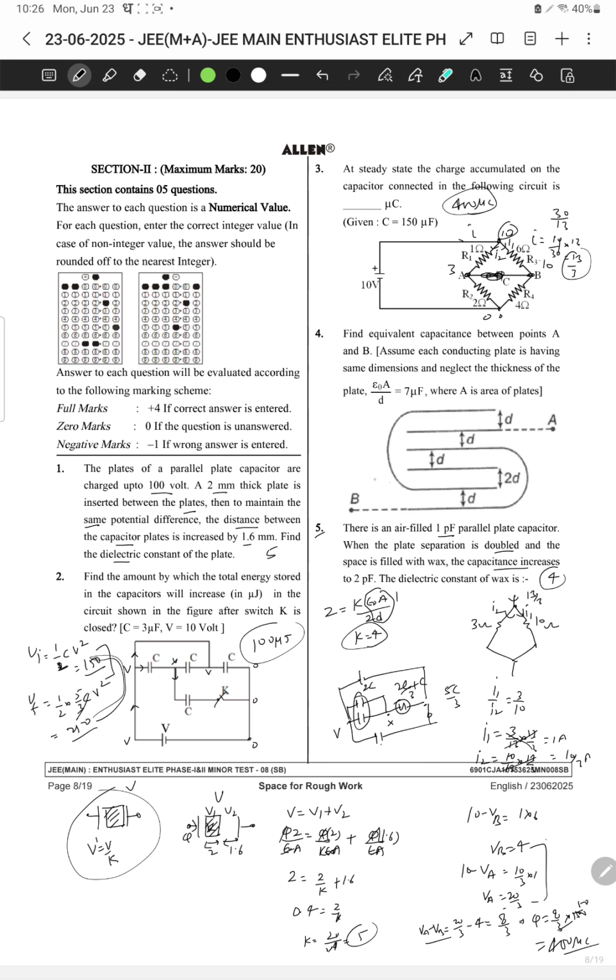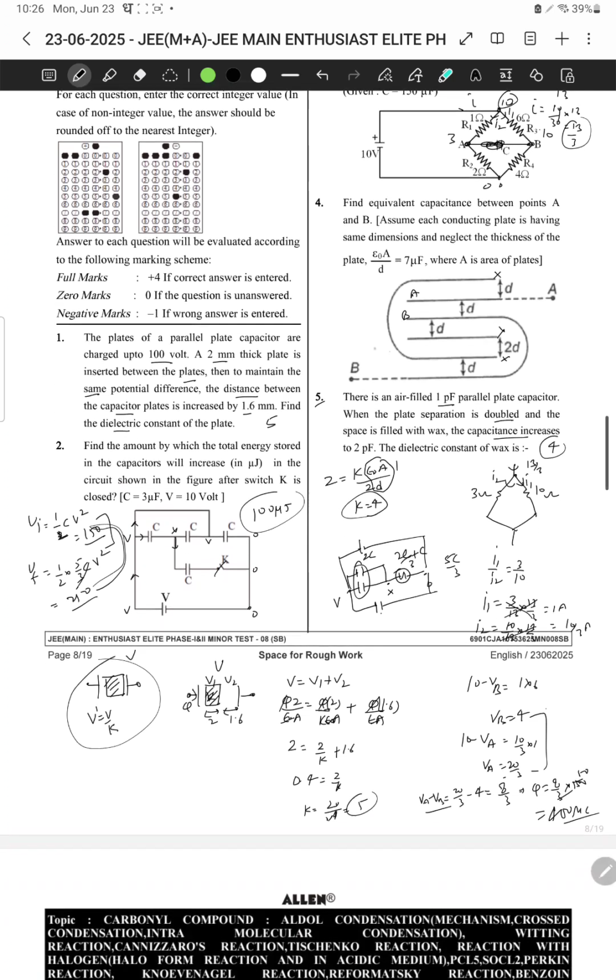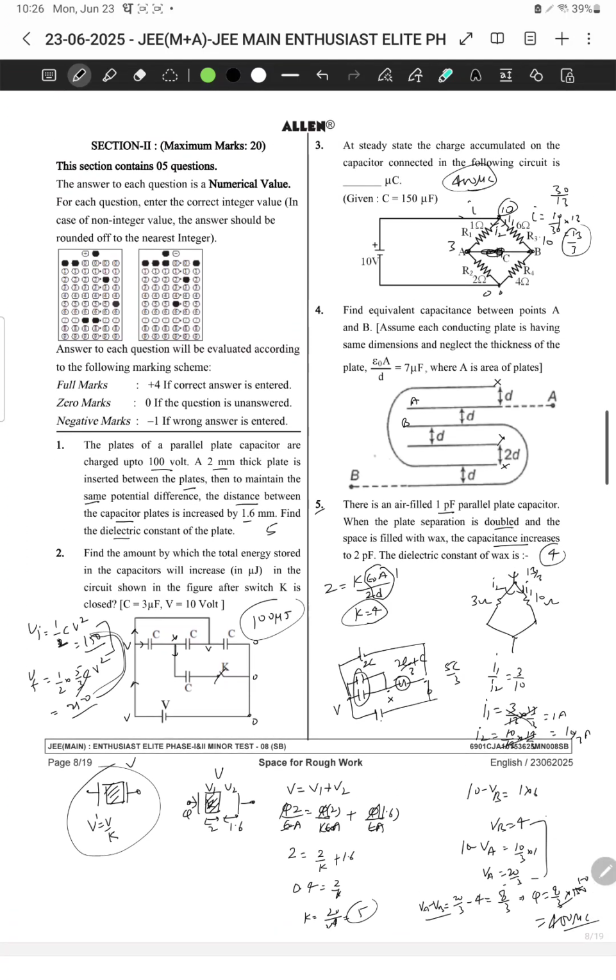Question number 4. Let's say it is A, it is B, it is X, and this is Y. So one second. Let's do it somewhere. Okay, I'm doing it here, and just remove this part. So we just need to draw a replacement diagram here.